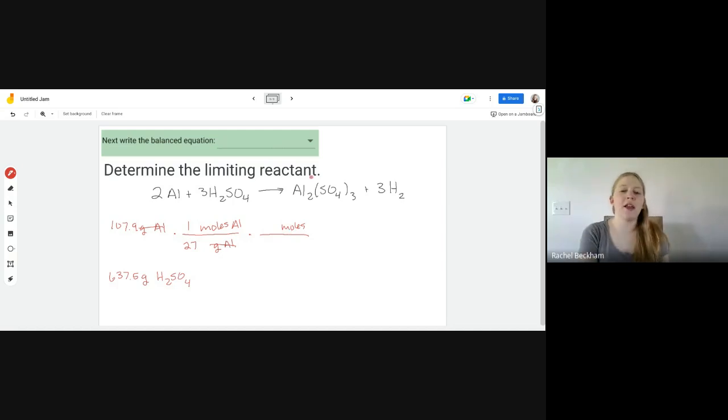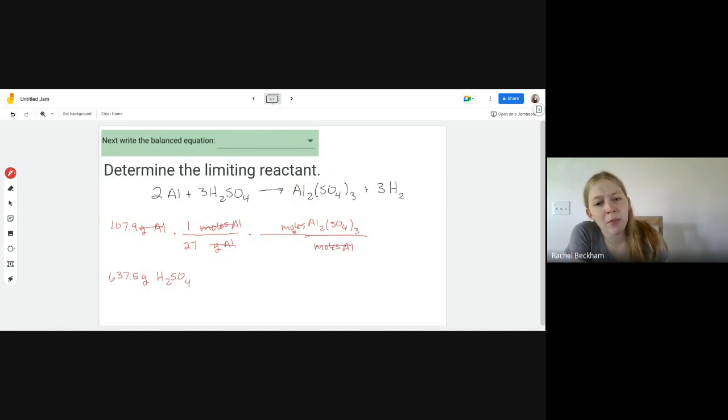The product that it is asking us about in the situation is the Al2SO4, okay? So that is what's going to go on top. And what needs to go on bottom is what we want to cancel out. And you see, we want the moles of Al to cancel out. Moles of Al, like that.